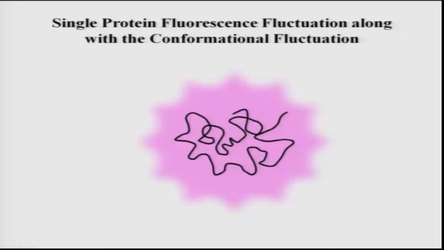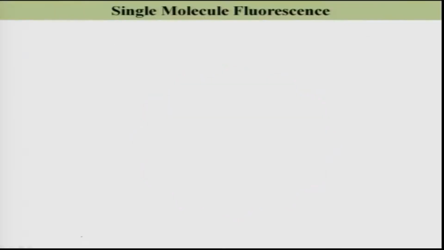Next, I would like to show you another advantage of single molecule spectroscopy by showing this type of reaction. Here let me have a reaction, a substrate labeled with a fluorophore.